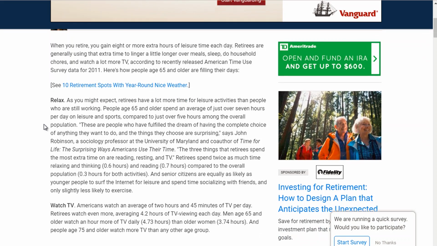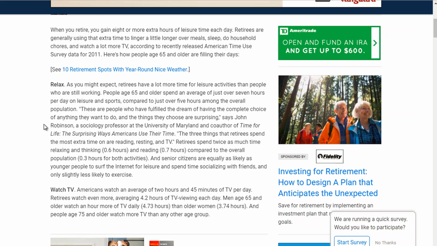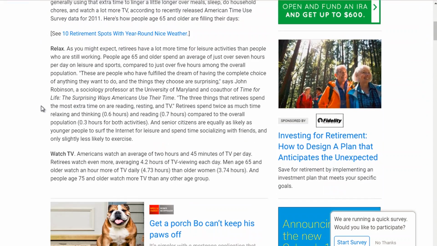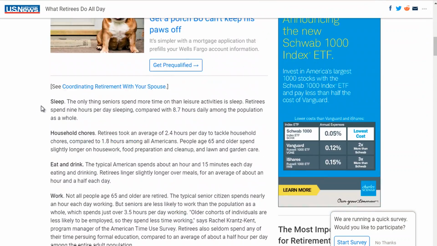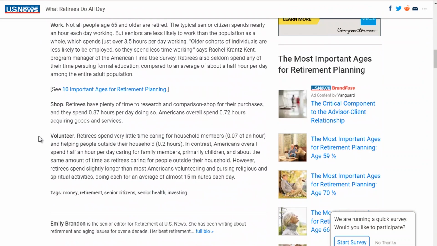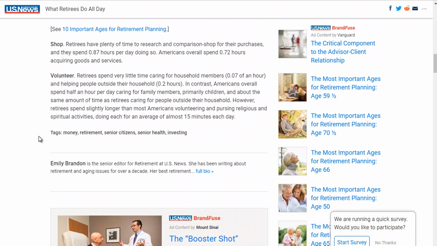So then you can measure the two and compare the two and figure out what the similarities are. So it says here, what do retirees do all day? It says they relax, they watch TV, they sleep, they do household chores, they eat and drink and work and shop and volunteer and so forth.